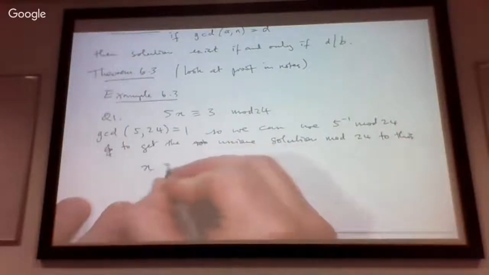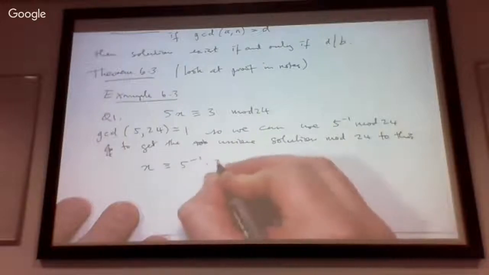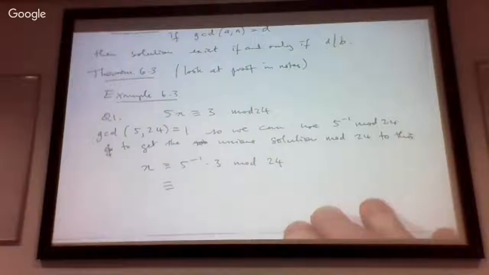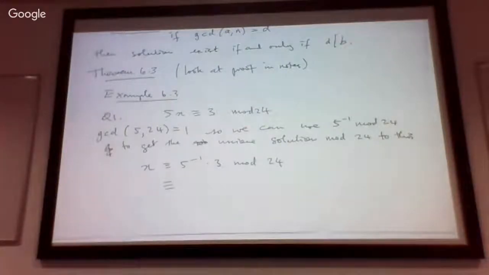And it will be x is congruent to 5 inverse times 3 mod 24. Now what does that inverse happen to be? 5, exactly. 5 is self-inverse. 5 times 5 is 25, just congruent to 1.